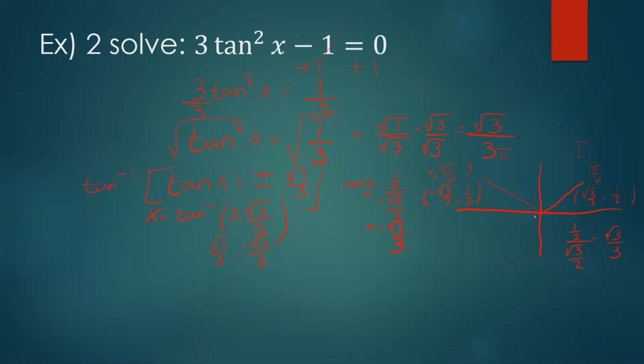Okay, so once you know that, we don't have any boundaries, so we have to use all of our answers. So one of our answers is going to be x equals pi over 6 plus pi k. Now, there's a reason why I use only pi k, unlike the other problem where I used 2 pi k.